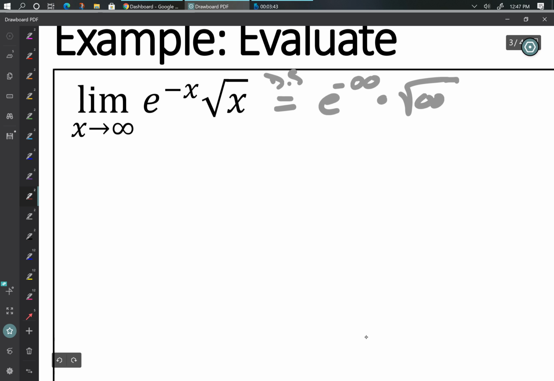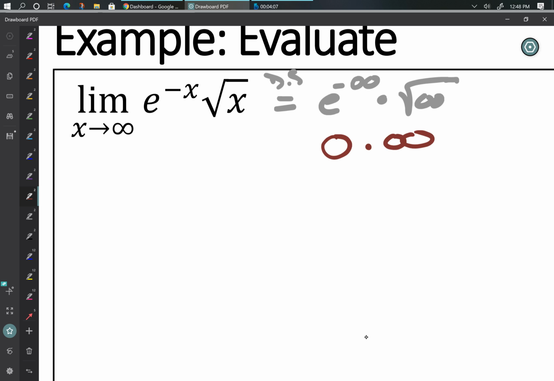Well, e to the negative infinity really means 1 over e to the infinity, or as x gets larger and larger, that gets smaller and smaller. And so we end up with infinity times 0, or in this case, 0 times infinity.